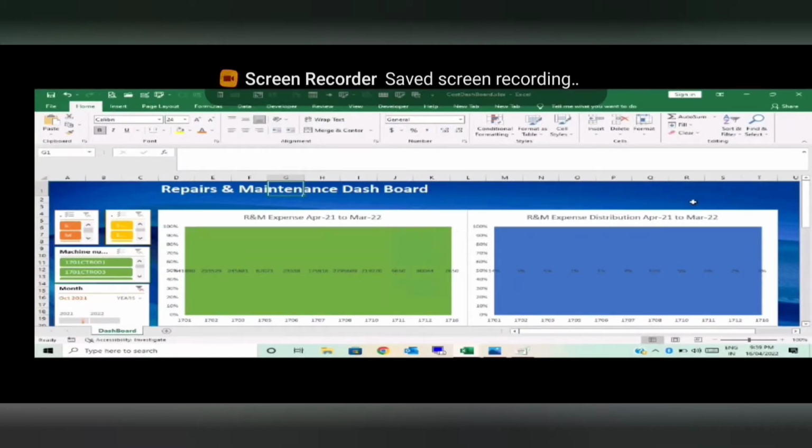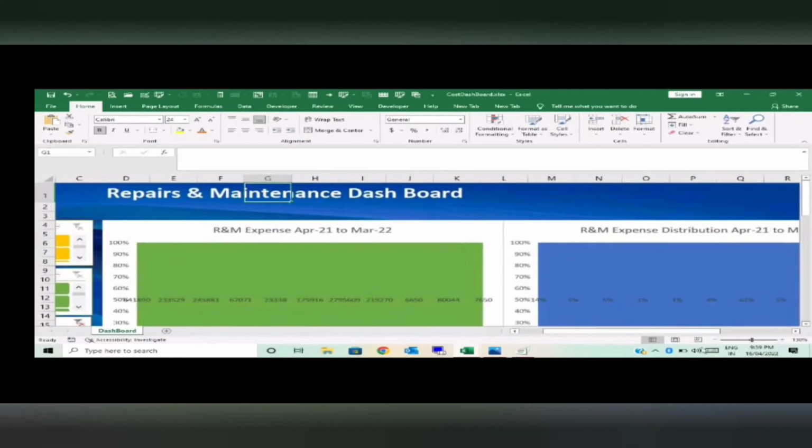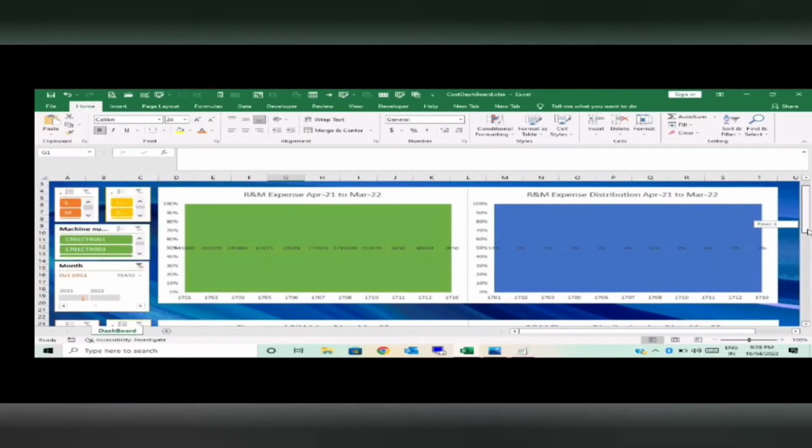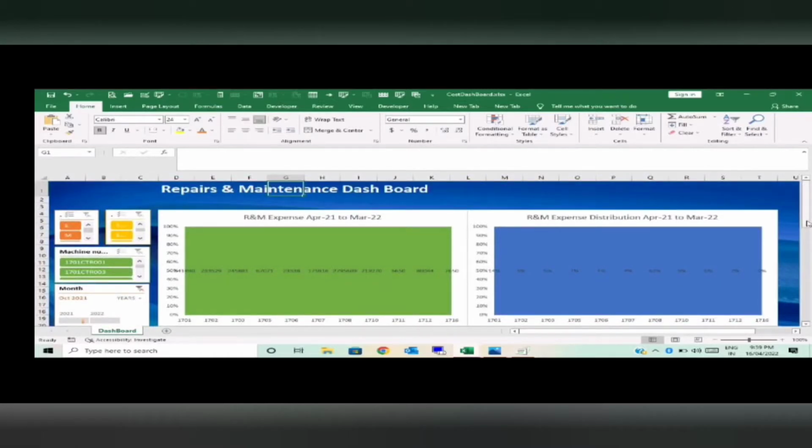Friends, now this is the repairs and maintenance dashboard. Okay. Now, last time we have seen reactive, preventive, predictive. Just quickly reminding you, there are three major aspects: preventive, predictive and reactive.